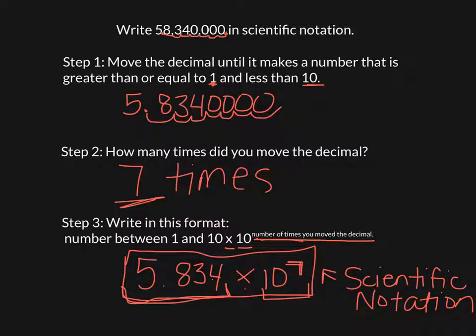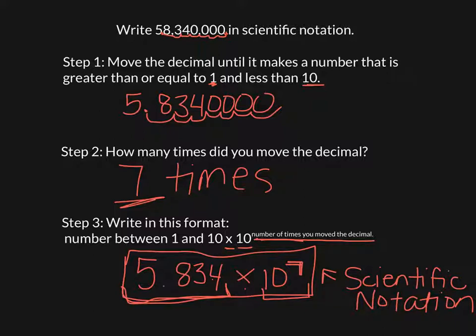Scientific notation is a way for us to write those numbers without having to waste all of our time writing zeros, like 100 zeros, right? So scientific notation saves us time and makes a lot of sense. Because we're working with really huge and really small numbers, and if you're looking at a number that has so many zeros, you're going to get stuck on what that number is. Okay, so that is what scientific notation is.